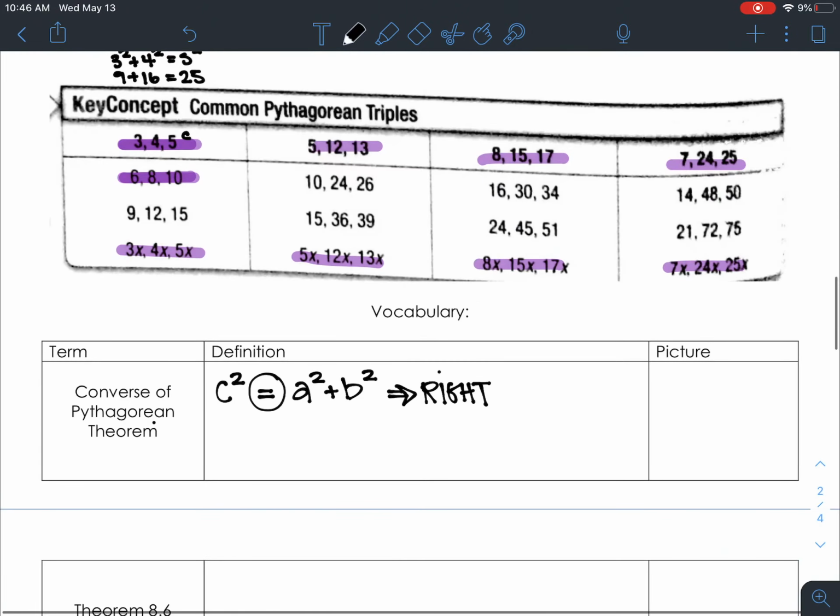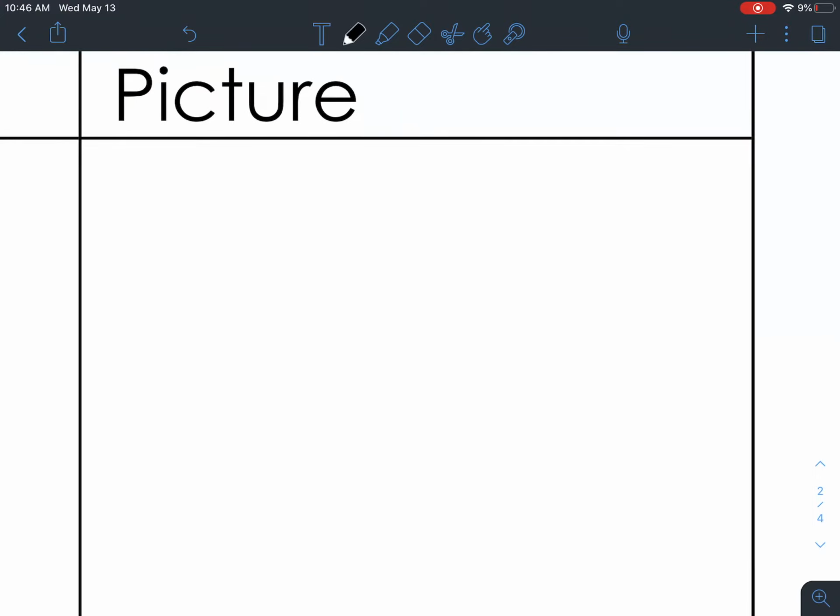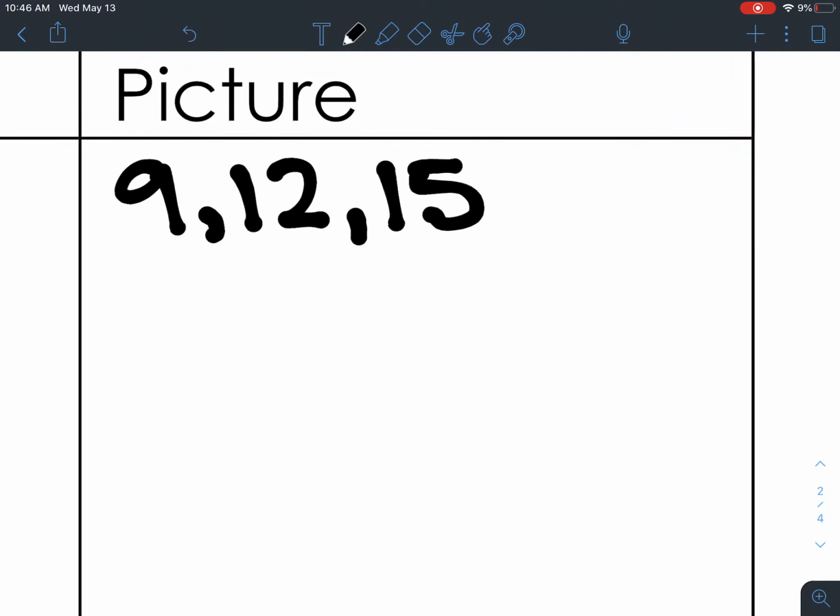Okay, so for example, if I gave you something like, let's do 9, 12, and 15. And let's say I plug those into the Pythagorean theorem where 15 has to be c, right?